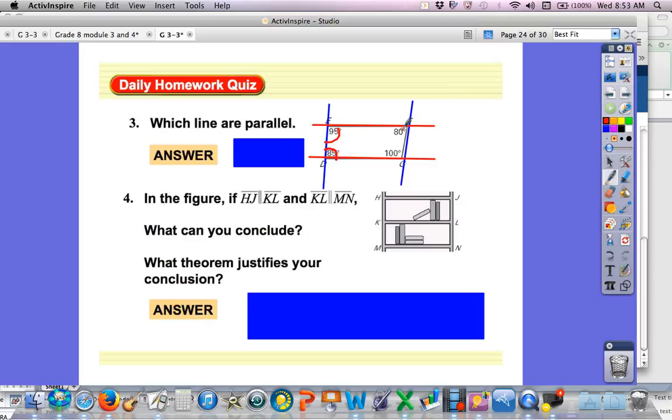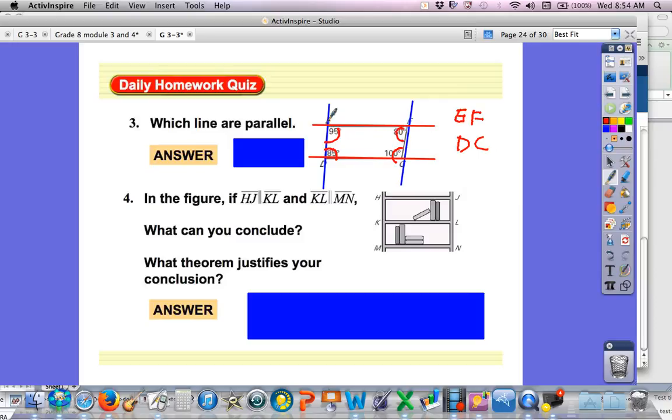So these two lines are parallel, E, F, and D, G. This line and this line are parallel because the transversal that cuts them, the consecutive angles add up to 180. Okay, so over here, this and this is the same thing.